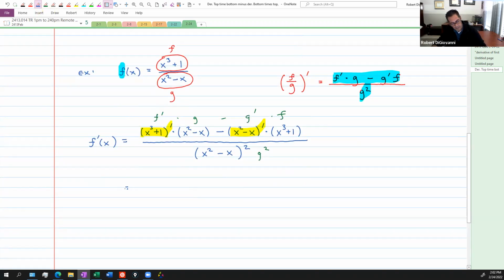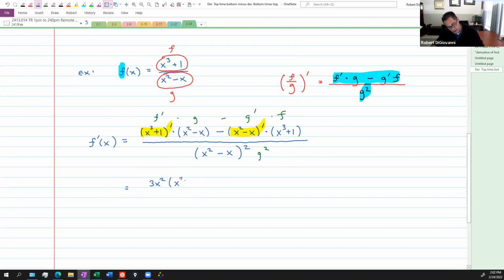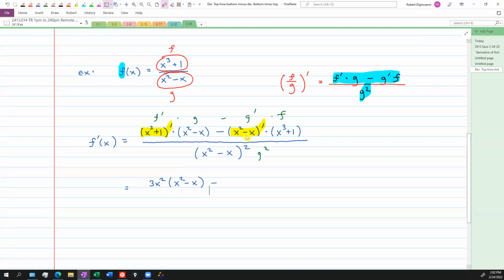Here we go. Derivative of x cubed plus 1 is 3x squared, that's it, right? And then we still have in parentheses, x squared minus x. Has to be in parentheses because this would distribute through, okay? Then minus, over here, derivative of x squared minus x is 2x minus 1.